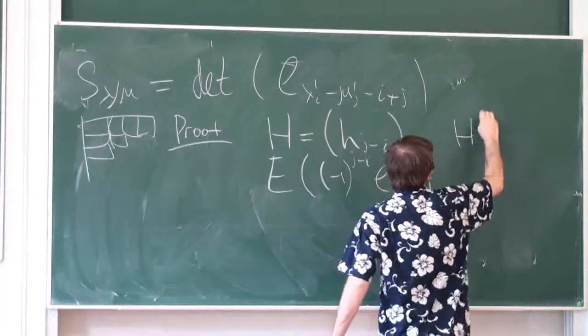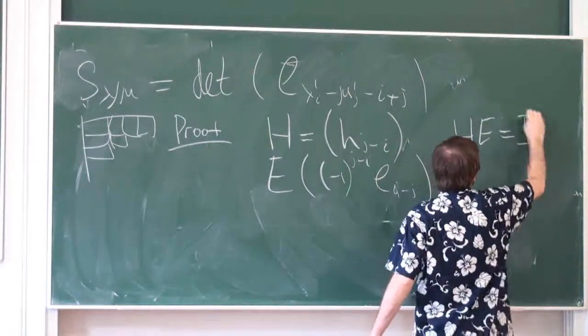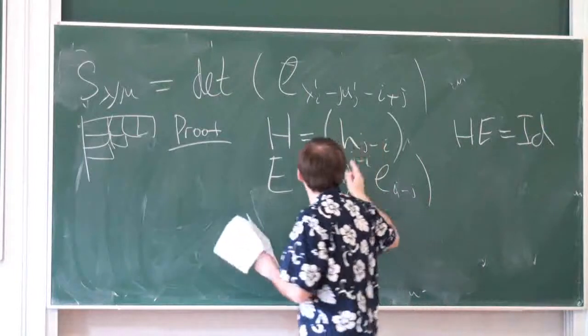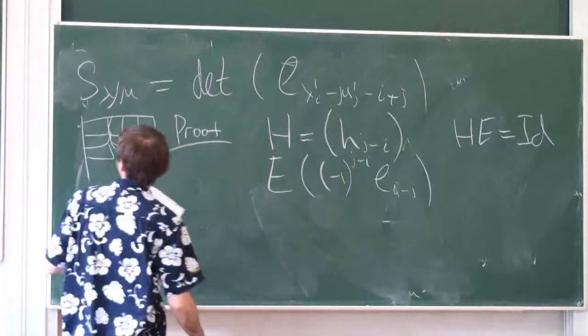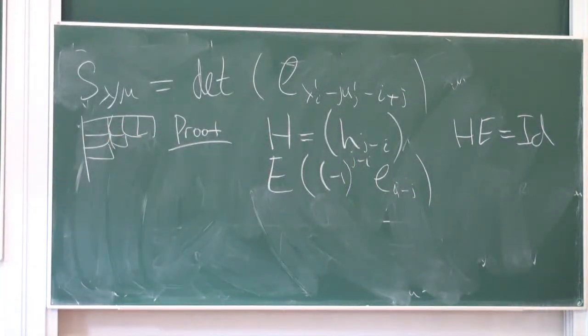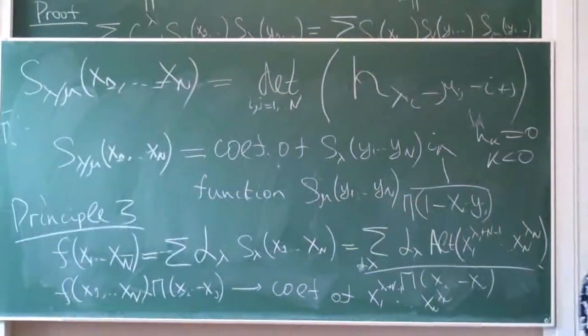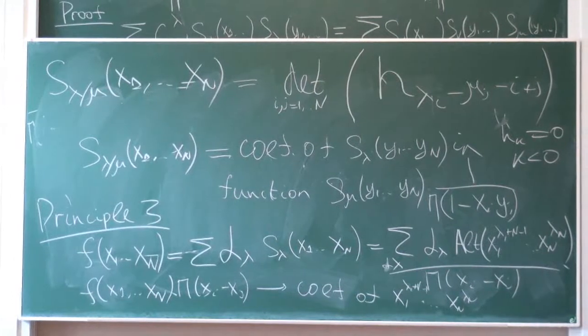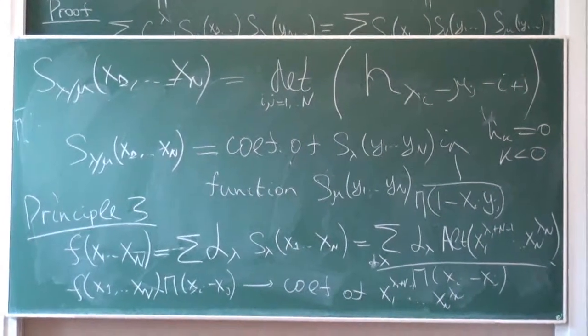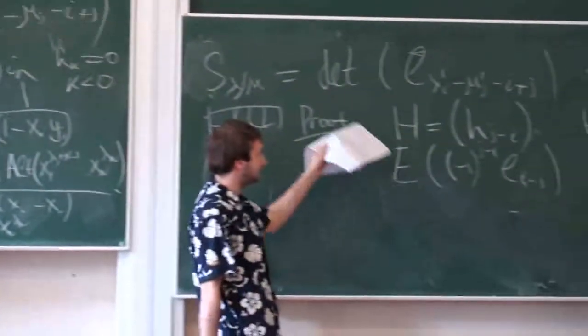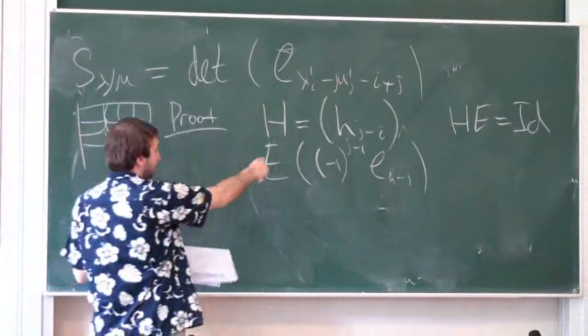So H times E is the identity matrix. Also, again, we assume here that hk is 0 as soon as k is less than 0, which means that this is an upper triangular matrix with 1s on the diagonal, which means that its determinant is 1, as well as the determinant of this matrix.